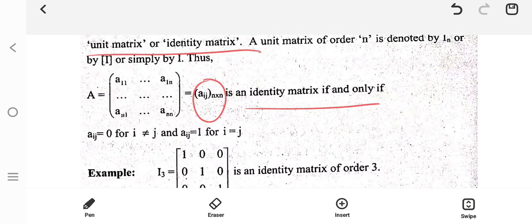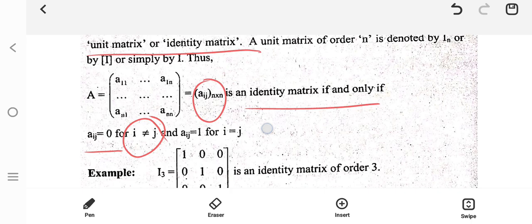So A is an identity matrix if and only if the condition Aij equal to 0 for i not equal to j holds, where i indicates the rows and j indicates the columns, right?